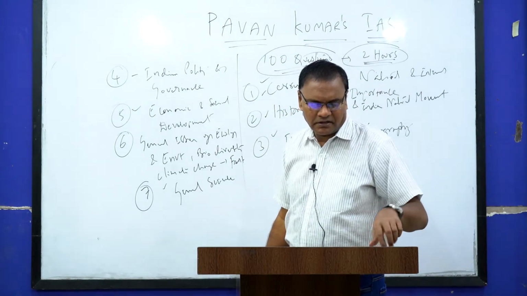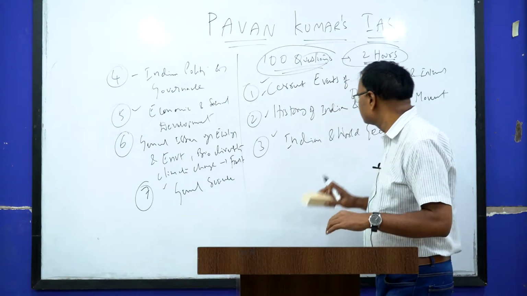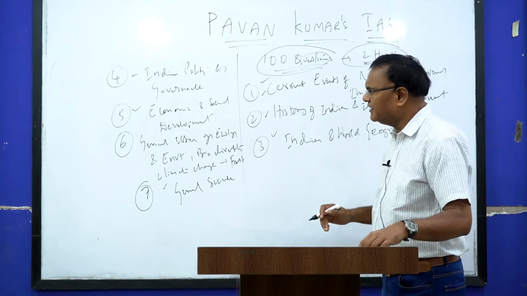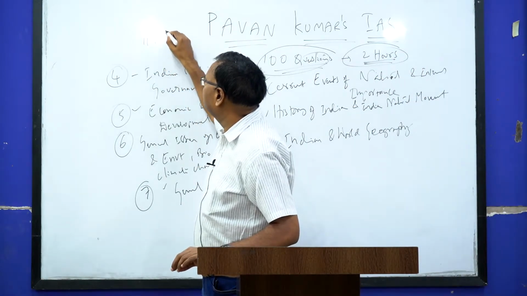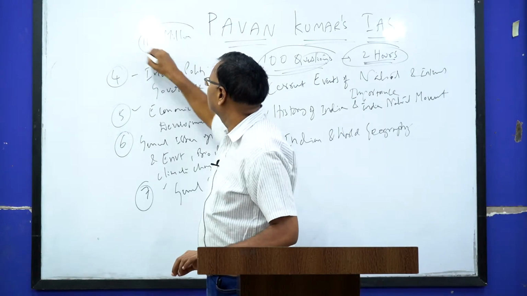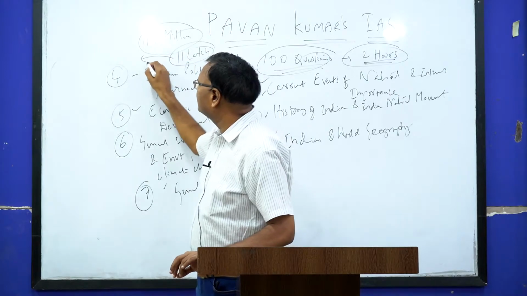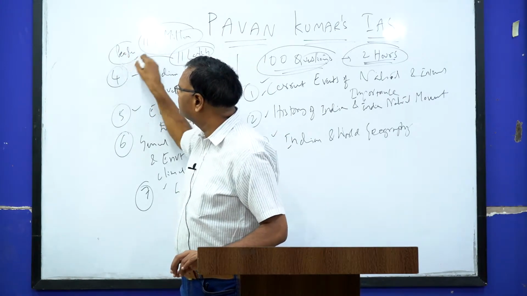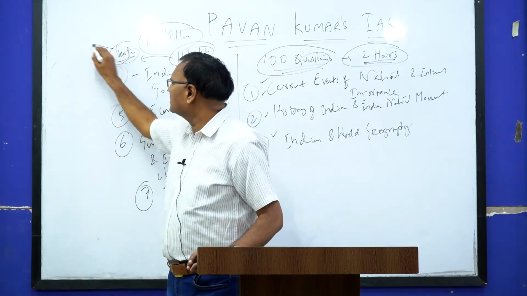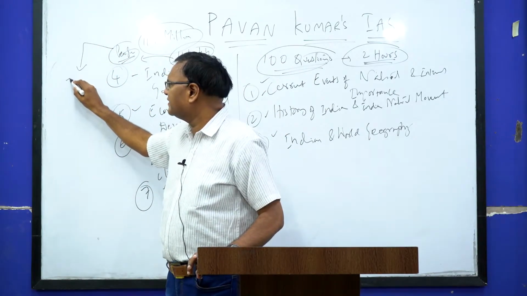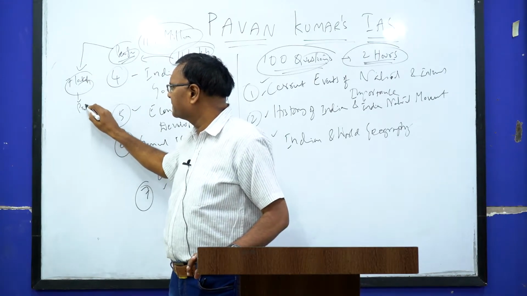To tell you about the difficulty of this examination, every year around 1.1 million people, that means 11 lakh people, will apply, out of which around 7 lakh people will take the prelims.